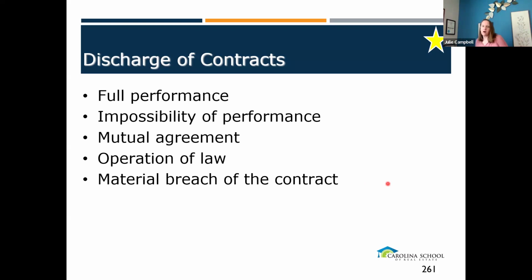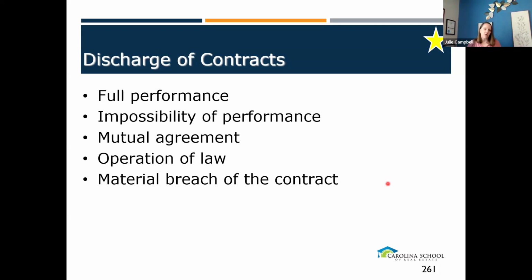For our sales contract, the seller promises to sell and convey their property, and in exchange the consideration is the purchase price. Once the seller conveys that property and the buyer pays the purchase price, those terms have been fulfilled. Full performance has terminated or discharged this contract.